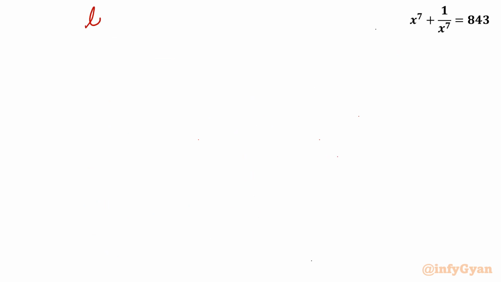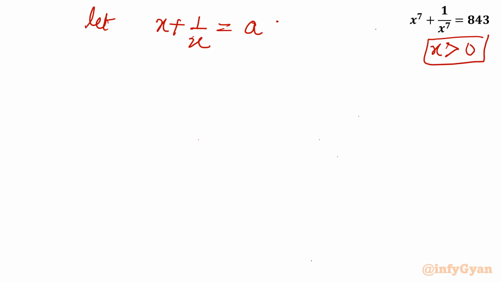So I will consider let x plus 1 over x equal to a. Now given that x was positive, so once x is positive, a will be always positive. A cannot be negative. Now I will write few identities from algebra. First one, I will write a cube plus b cube formula.